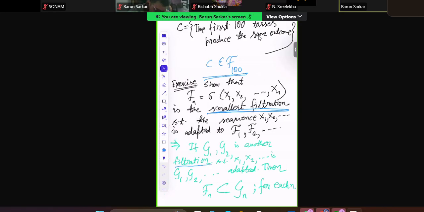And what is the definition of Fn? So Fn is the sigma algebra generated by this, right? Generated by this one, correct?